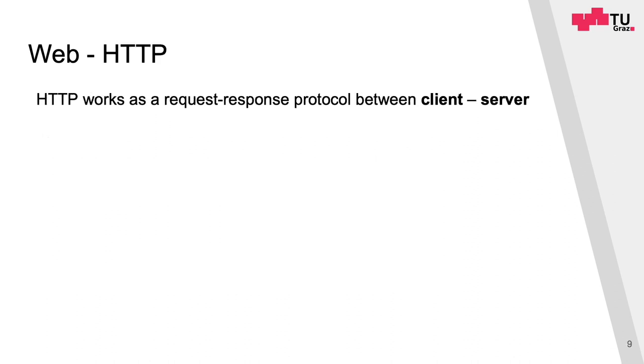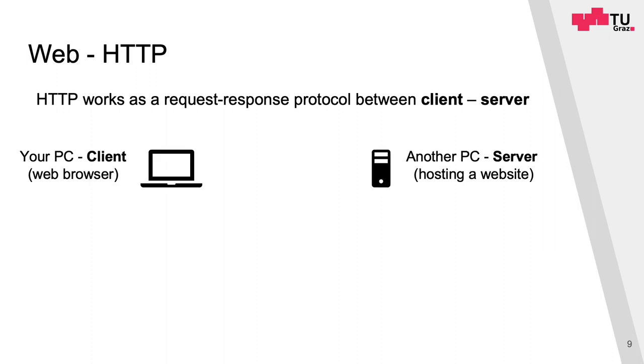So how does this HTTP protocol work? HTTP works as a request and response protocol between a client and a server. So your PC, for example, on the left hand side, your laptop is the client, which has a web browser running, and another PC somewhere in another country, for example, or at the Google data center, is a server.